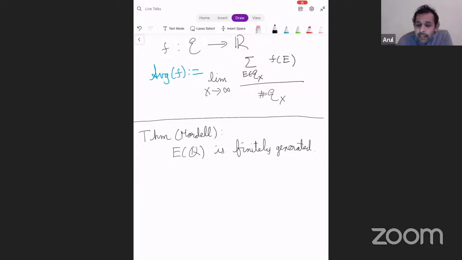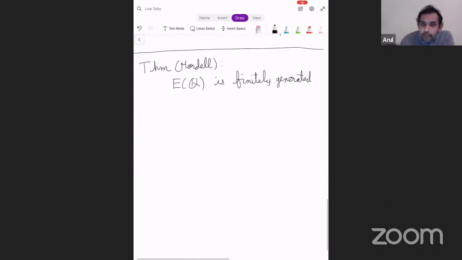But what do finitely generated abelian groups look like? Finitely generated abelian groups look like T direct sum Z to the R. That's what every finitely generated abelian group looks like. So therefore, E(Q) is going to be isomorphic to T times Z to the R for some integer R, which I'll call R(E).